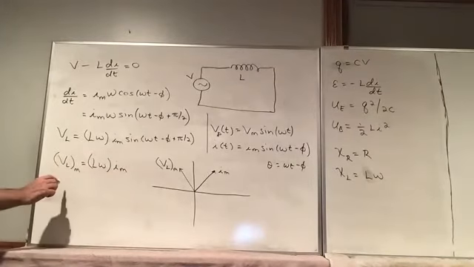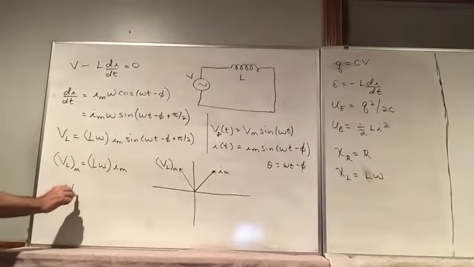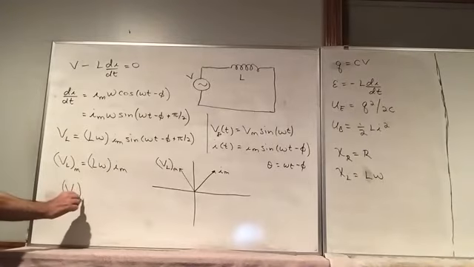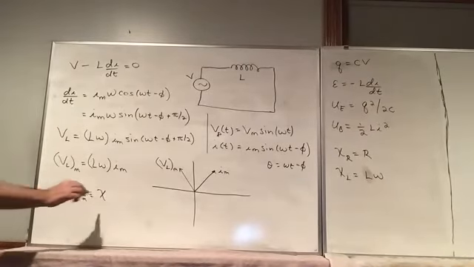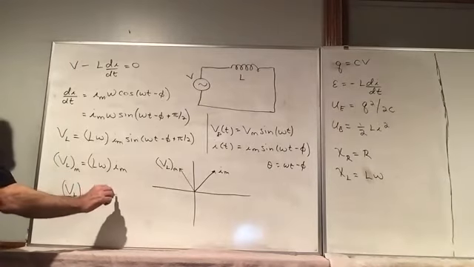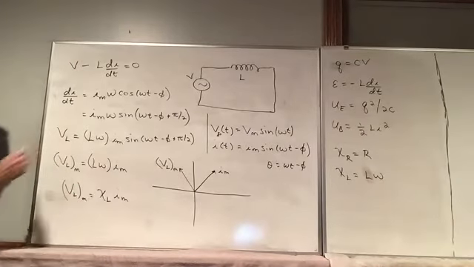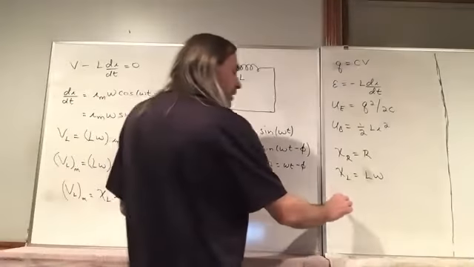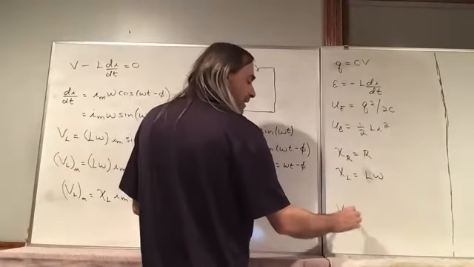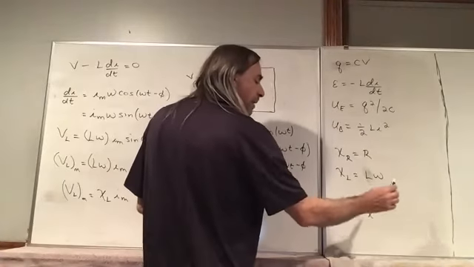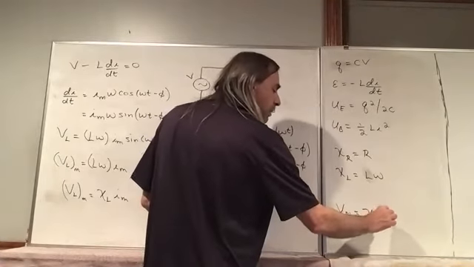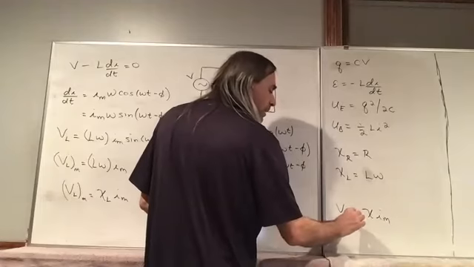So we can say in this case that the maximum value of the voltage is equal to the inductive reactance times the maximum current. So ultimately, the voltage across an element, the maximum value, is going to be the reactance times the peak current.